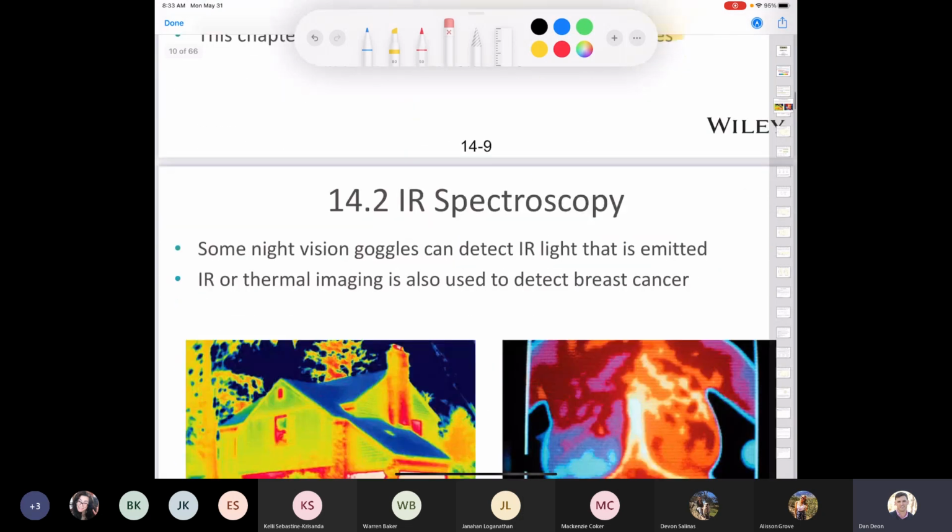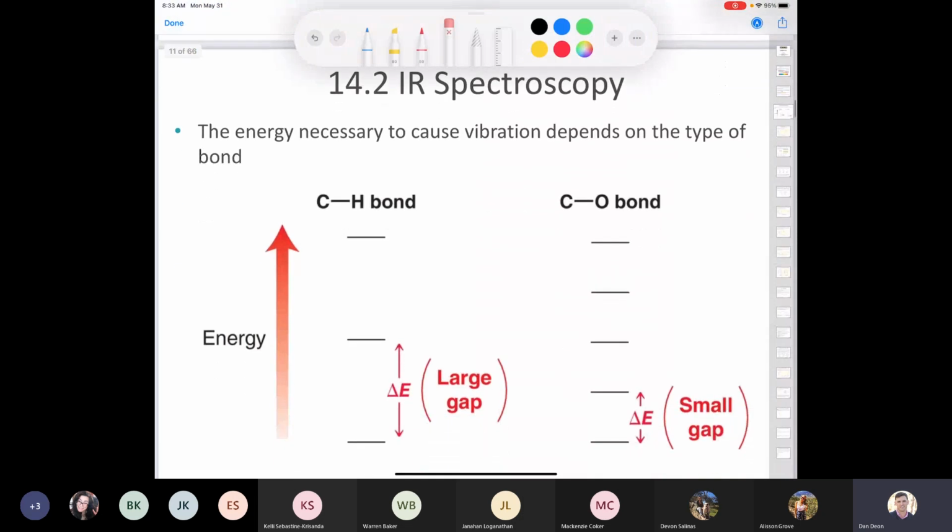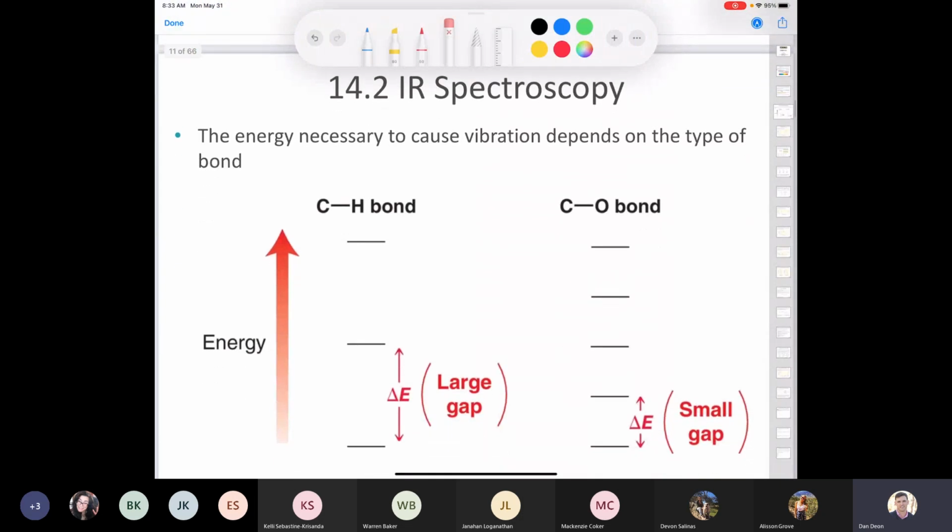So we're stretching a bond. The bonds absorb a certain frequency or energy or wavelength of infrared light, and that causes the stretching to occur. So remember, I kind of mentioned this in passing a couple of seconds ago, but I said that the energy that's required to cause the vibration to occur depends on the type of bond. So remember, going back to this, I'm going to keep going back to it.